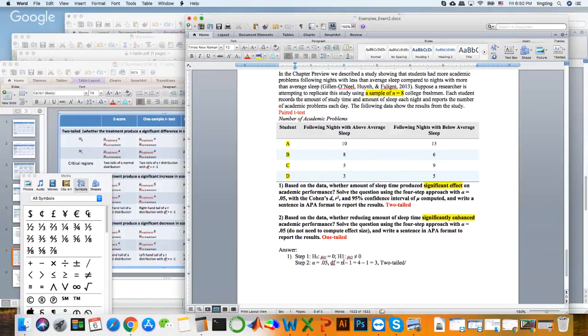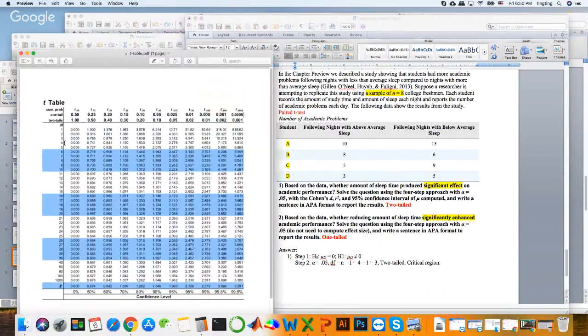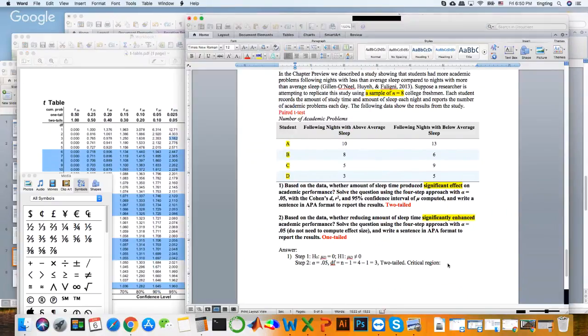It means the critical region, looking at the t table again, 3, 2-tailed. It's T smaller than the negative number and T greater than the positive number.